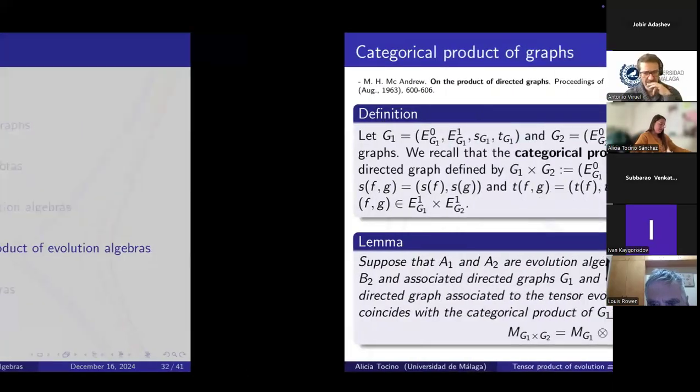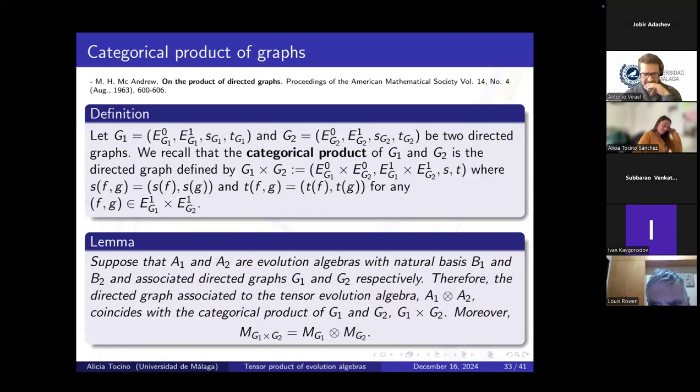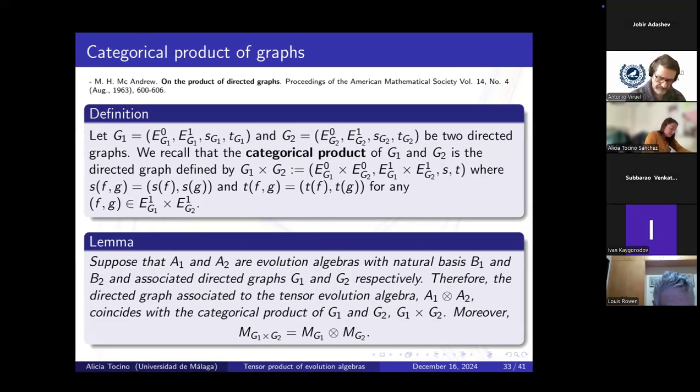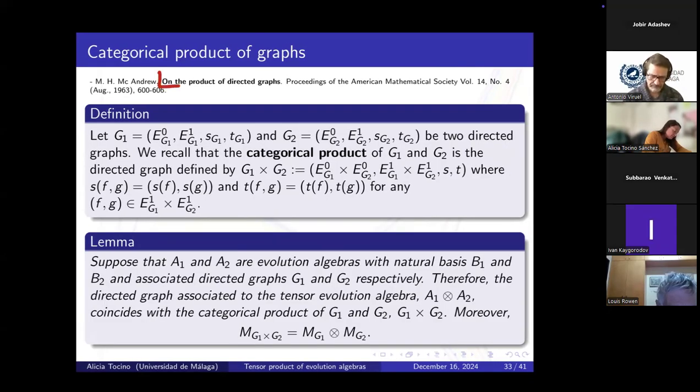Now we talk about the graphs associated to the tensor product of evolution algebras. We take a lot of information from this paper on the product of directed graphs by McAndrew.